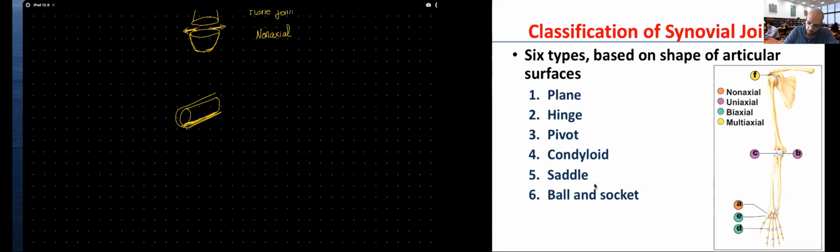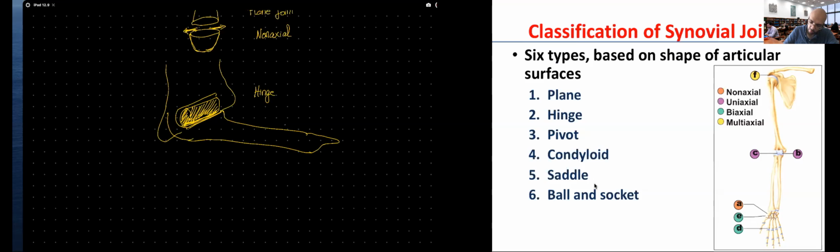And the major example on here for this type of joints would be the articulation between the trochlea and the trochlear notch of the ulna. And we call this joint a hinge joint. So the movement that you can allow by a hinge joint is going to be like in the articulation between the ulna and the humerus.